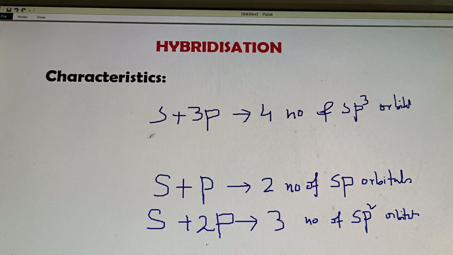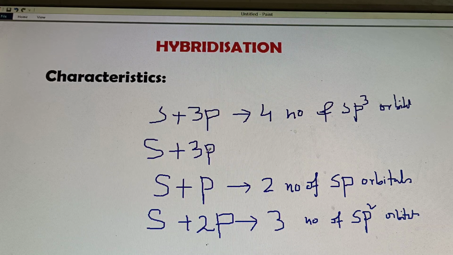Next, 1 s, 3 p and 1 d orbital. The d orbital is for which elements? Transition elements. So for transition elements the d orbital is involved.